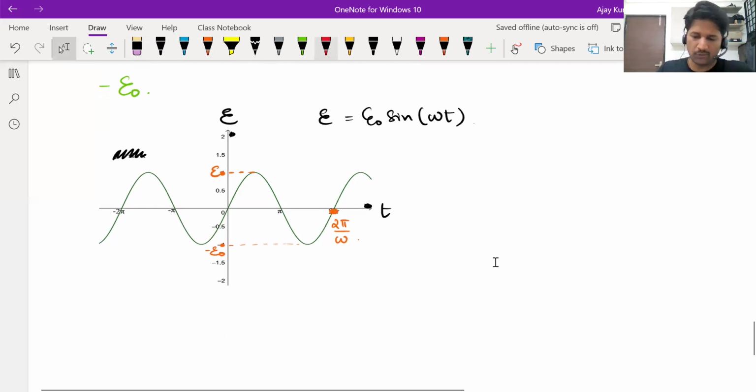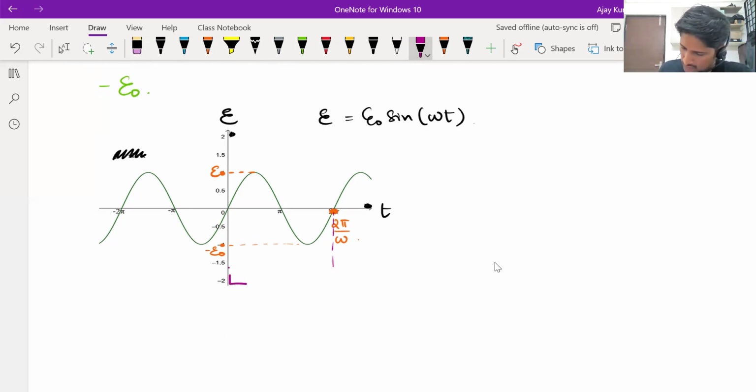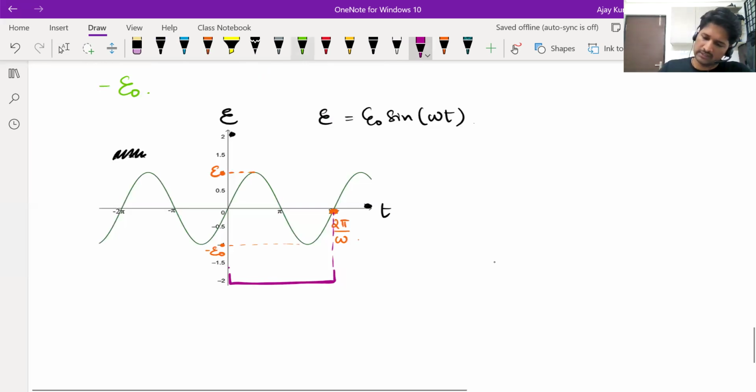Now tell me, in one complete time period, let me mark one complete time period here, say this interval, from here to here. Just by looking at the graph and your own ideas, you can see that the EMF is increasing from 0 to plus 1.